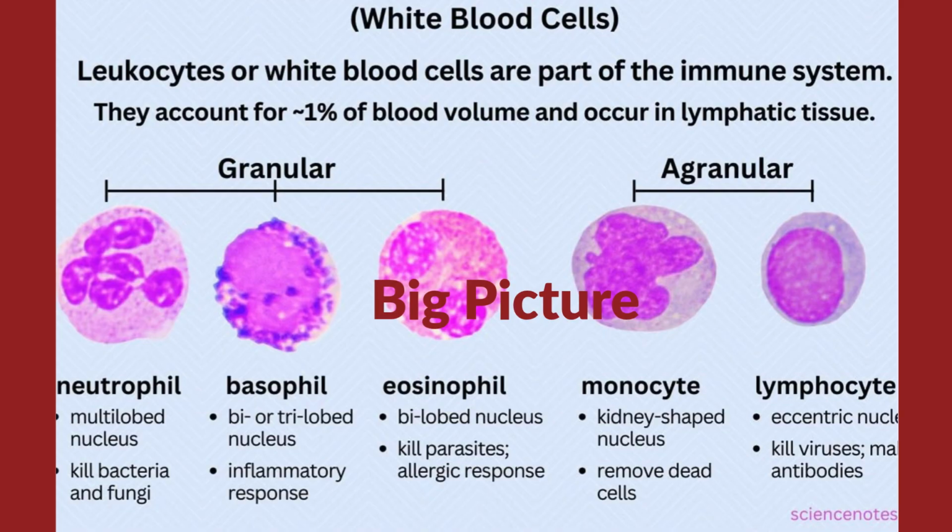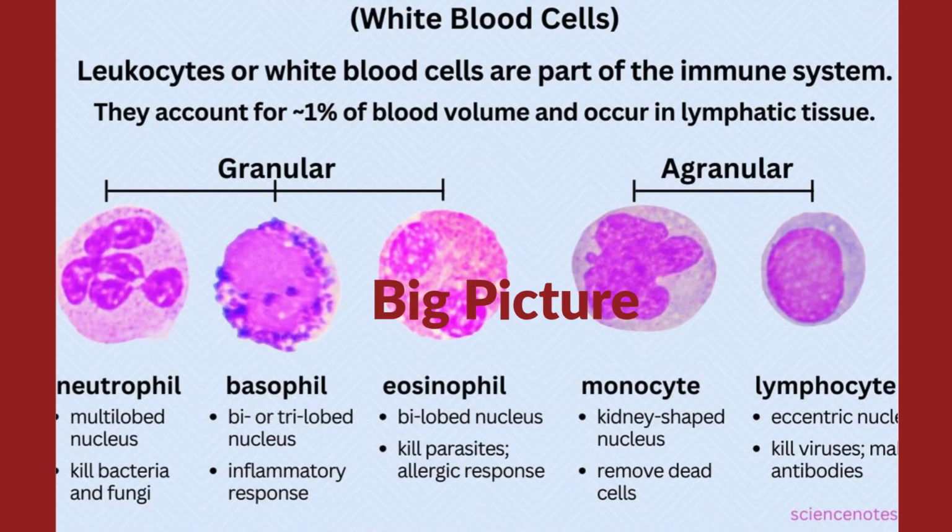So I have here the different types of white blood cells. Leukocytes, or white blood cells, are part of the immune system. They account for less than 1%, give or take, of the blood volume and occur in the lymphatic tissue. We have the neutrophils, which have a multi-lobed nucleus and help kill bacteria and fungi. We've got basophils, with a bi- or tri-lobed nucleus, and they are there for inflammatory responses.